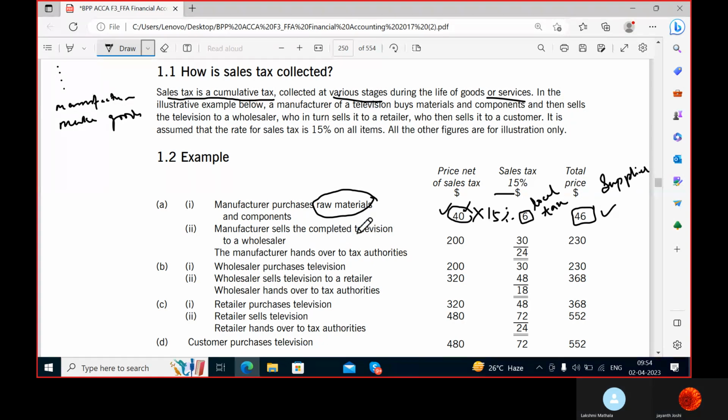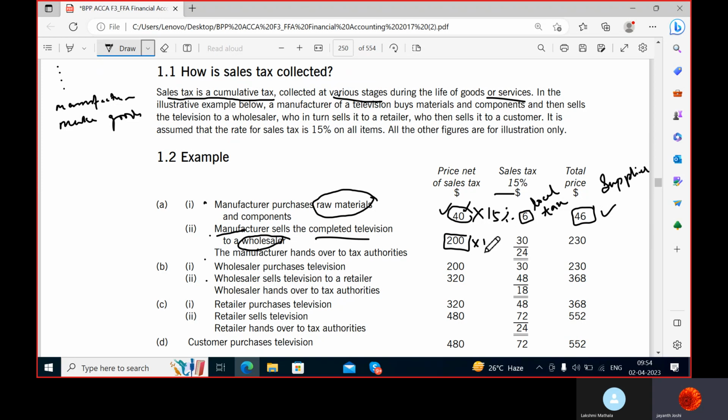So now coming to the next step. Definitely the manufacturer is not going to sell the product directly to the ultimate customer. There are certain middle persons involved, and the next in line is the wholesaler. The manufacturer is selling the completed television to the wholesaler at a price of $200.